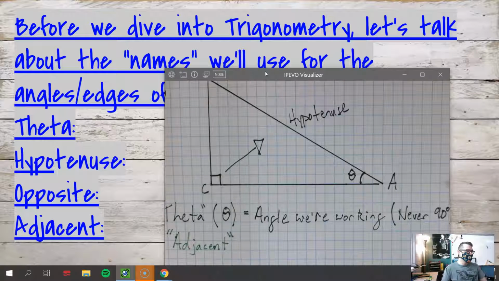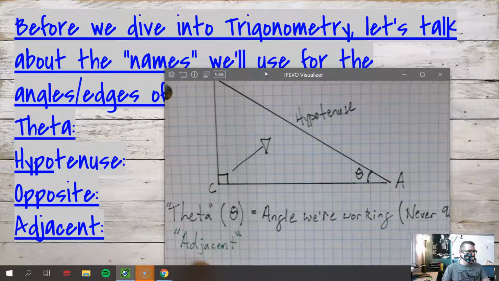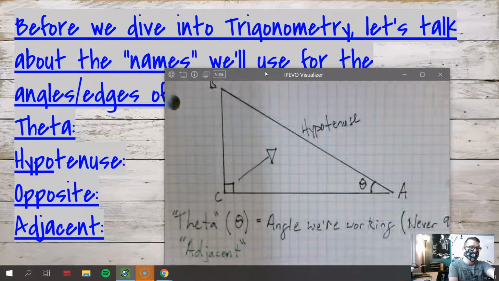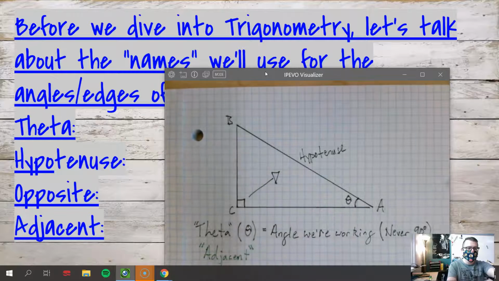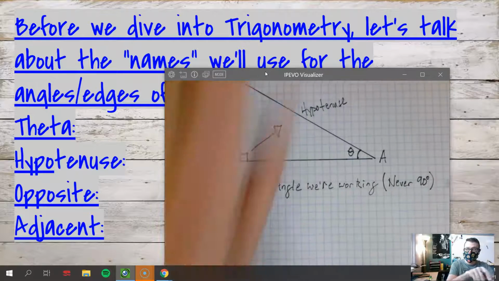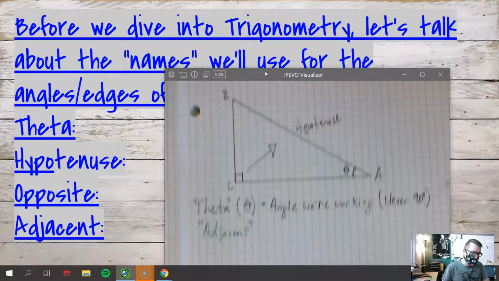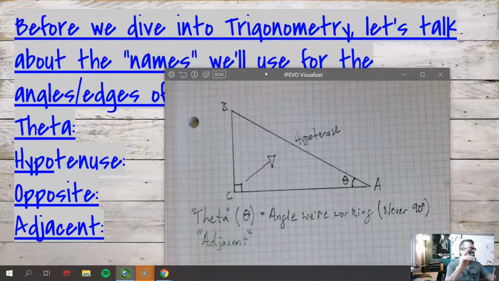Next to and touching. So the adjacent side, and guys, if you don't pay attention now, you'll end up falling in some trapdoors on Khan Academy, and that's fine, because you'll learn from that, but I'm trying to help you avoid trapdoors. The adjacent side could be either side. It could be either leg. It depends on what angle we're looking at.